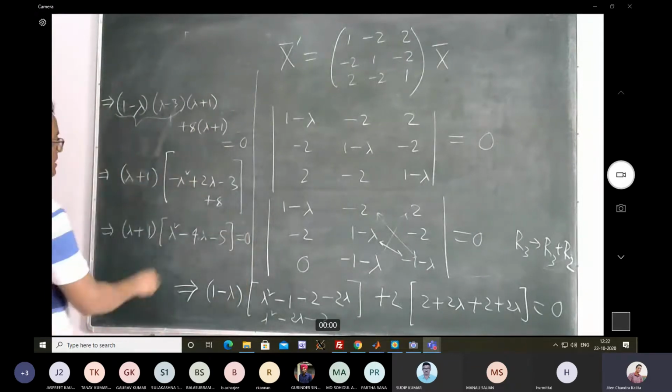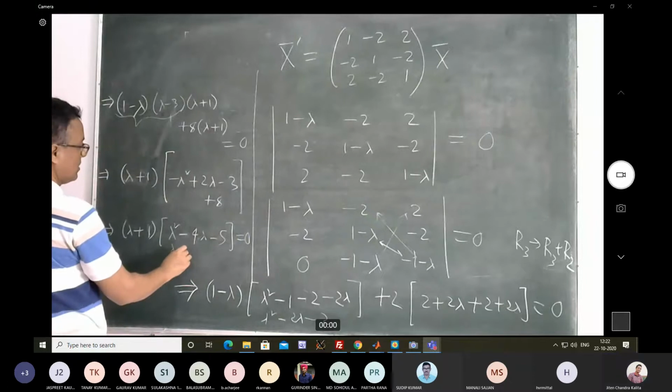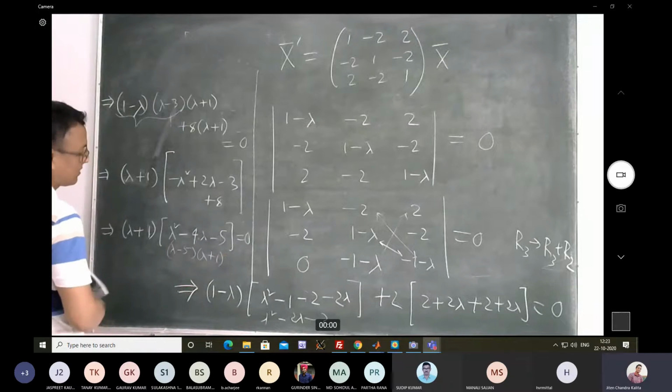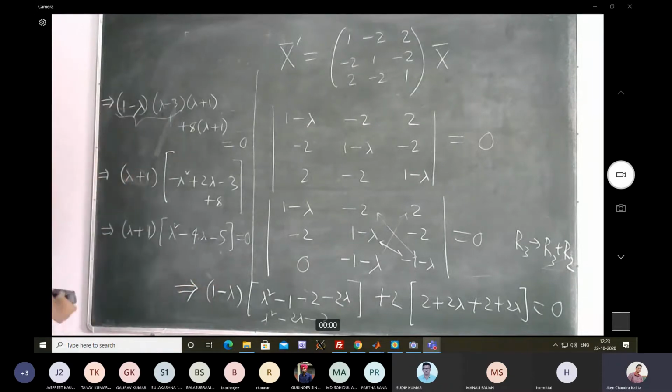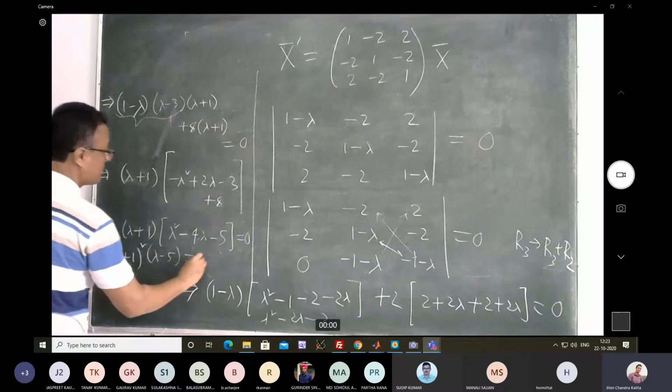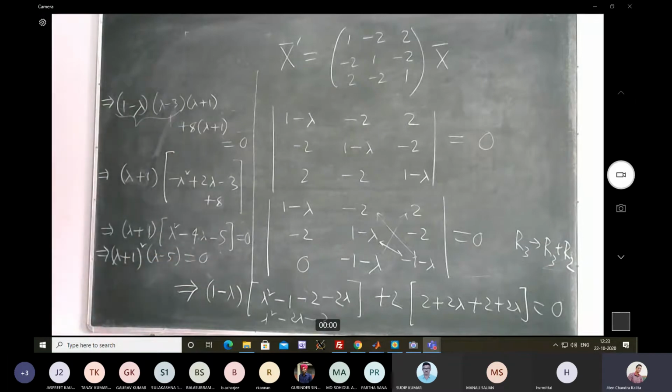So, eventually, this is going to give you lambda minus 5, lambda plus 1, right? Yeah, okay, I'm fine. So basically, I am going to get eventually lambda plus 1 whole square, lambda minus 5, this is equal to 0. Okay?